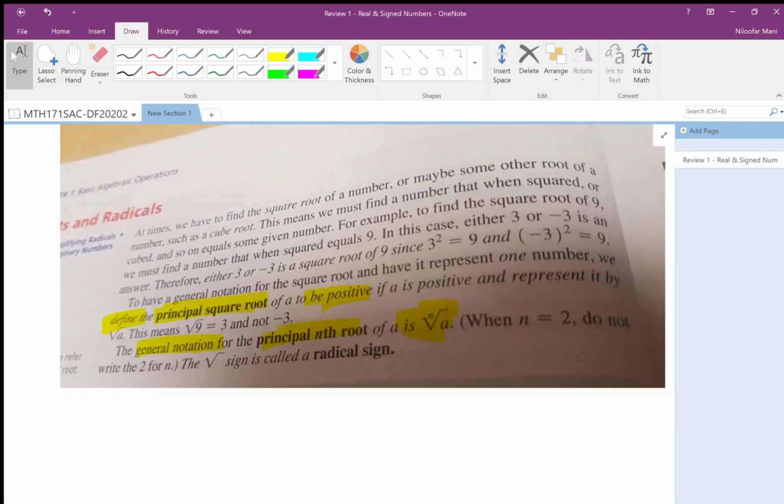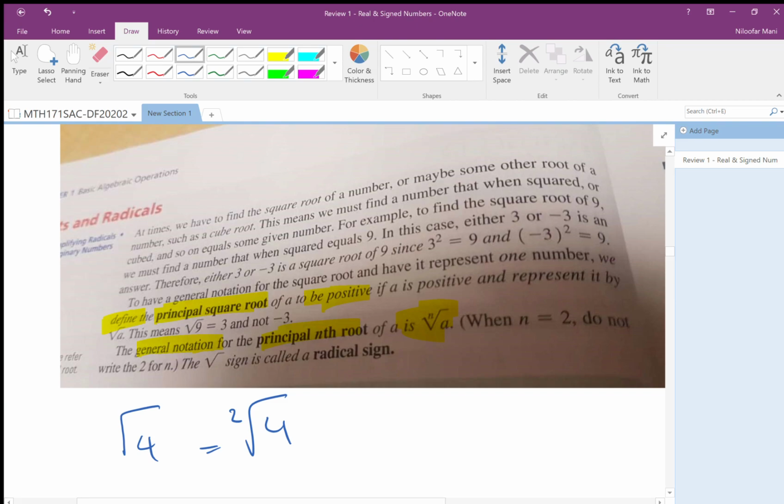Look at this. We define the principal square root to be positive. Here is the general notation of the principal n-th root. For example, the second root is just the radical, and radical 4 is just radical 4, with a 2 here.